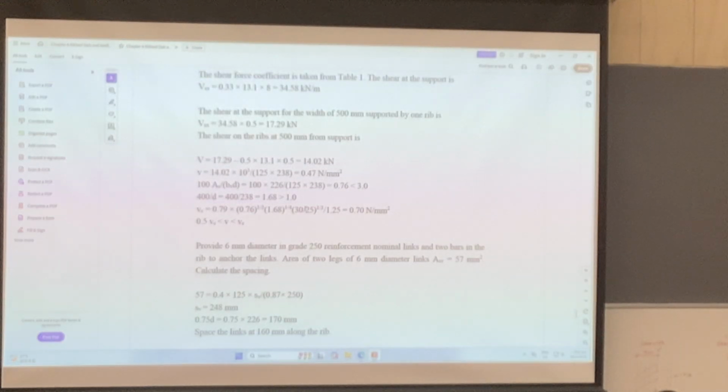So what's the value here? You can use this force minus w times L. So you can see that we will multiply 24.5 and then times 0.5, which is equal to 17.29. Sorry, 17.29.